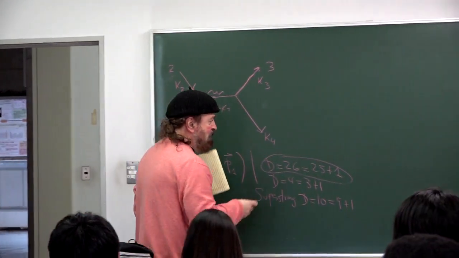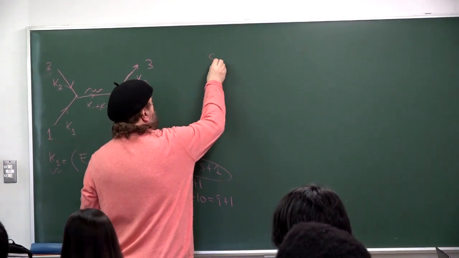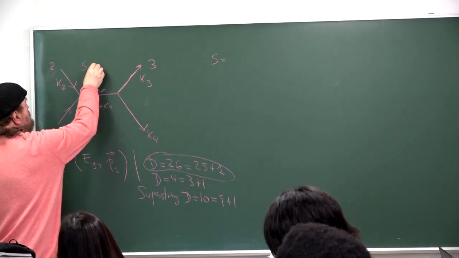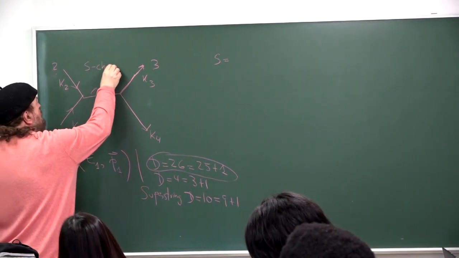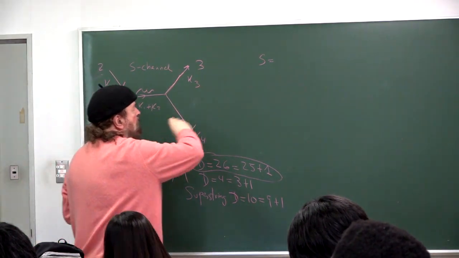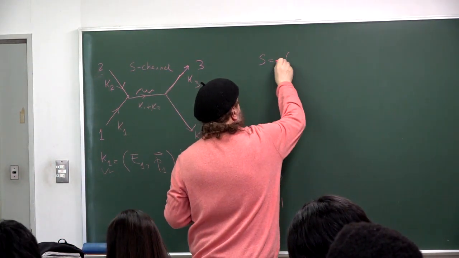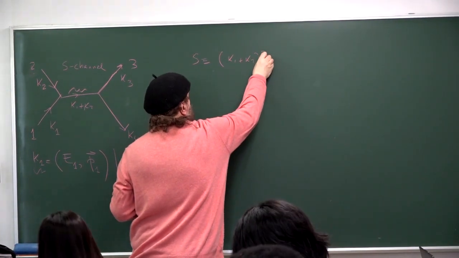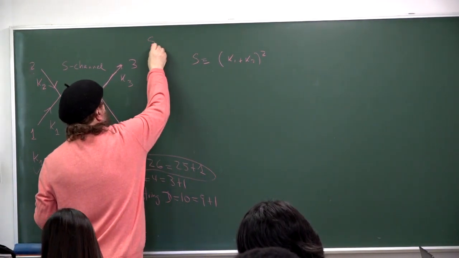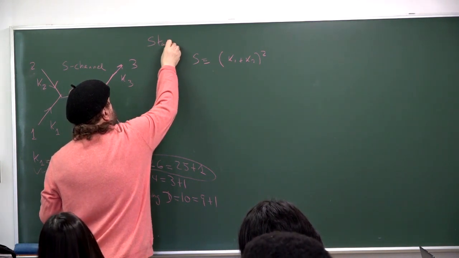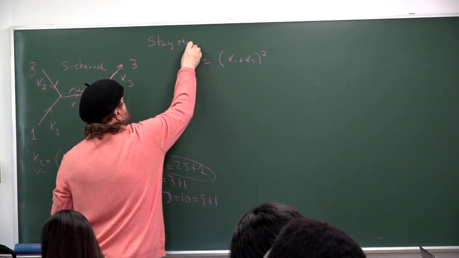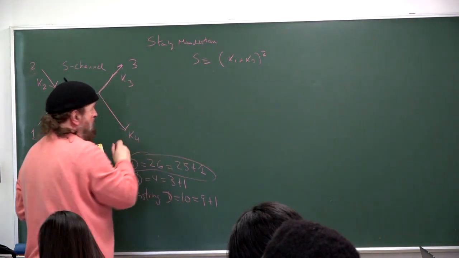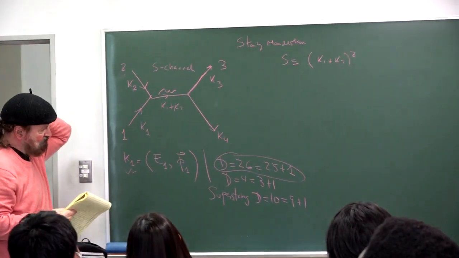In the Mandelstam variables, he called this channel the S channel. By definition S is (K1 plus K2) squared. This was Stanley Mandelstam, who proposed to use this set of variables to describe this process in the S channel.